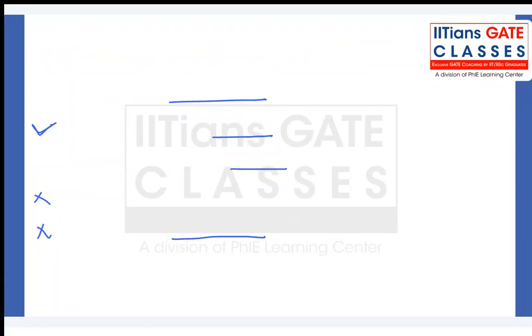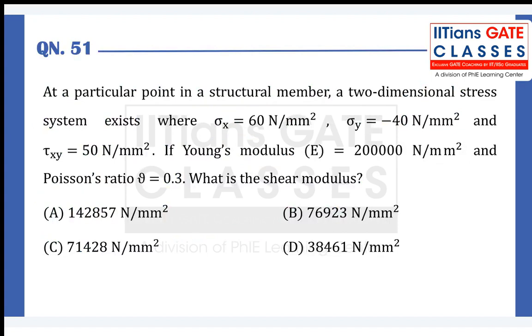Okay, next question. We also did this question in the last class. At a particular point in a structural member, a two-dimensional stress system exists where sigma x, sigma y, and tau xy values are given.